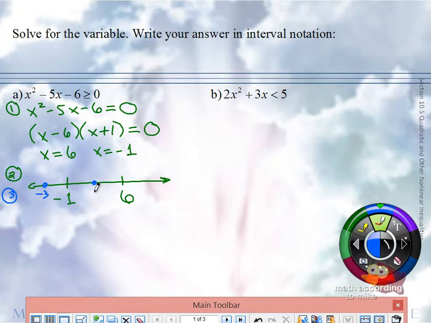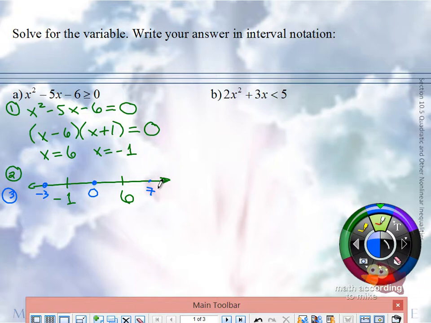Let's make it easy. 0. I need a number bigger than 6. It doesn't matter what number you pick as long as it is in that section. So please, common mistake is to pick a number in the wrong section.